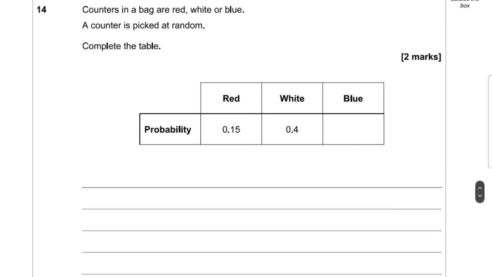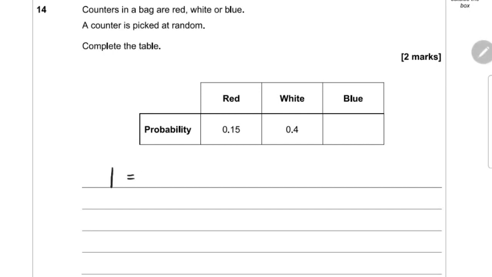Okay, question 14. Counters in a bag are red, white and blue, or blue. A counter is picked at random. Complete the table. So we know that the probability of getting a red is 0.15. The probability of getting a white is 0.4. So we know that all probability for any scenario should add up to 1.